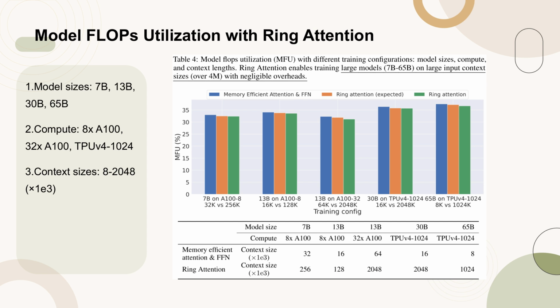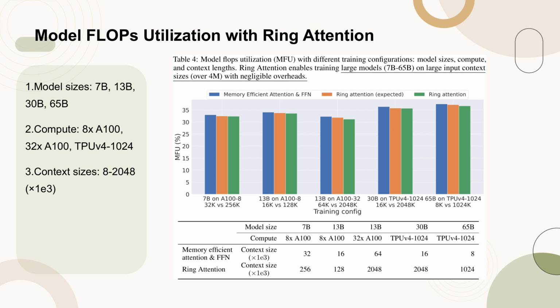This approach maintains high MFU while significantly extending the context lengths, as evidenced by the configurations using 8xA100 GPUs, 32xA100 GPUs, and TPUv4-1024. The context sizes range from 8 to 2048 times 1e3, showcasing the scalability and efficiency of ring attention in handling large-scale model training.